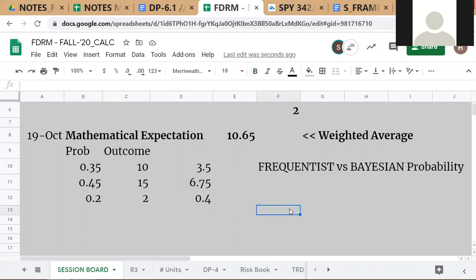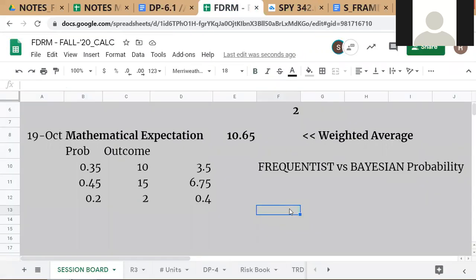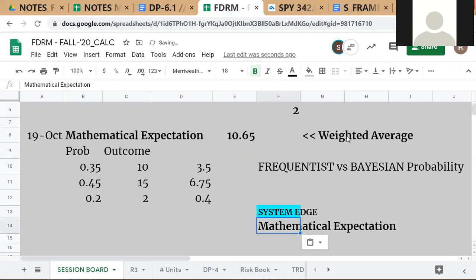So system edge, just copy that from here. System edge, mathematical expectation, and weighted average. This is what I want you to understand. This is what I mean typically by conceptual clarity.